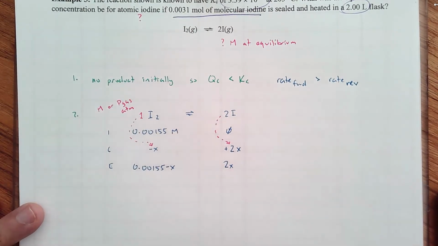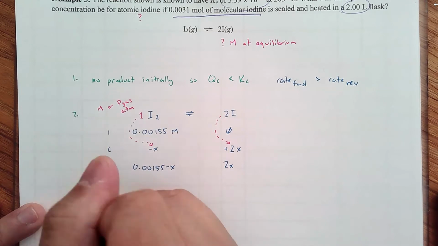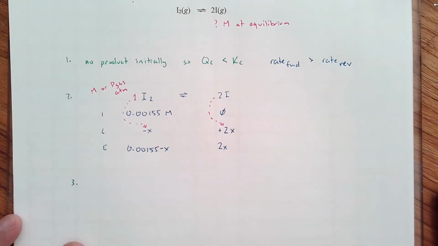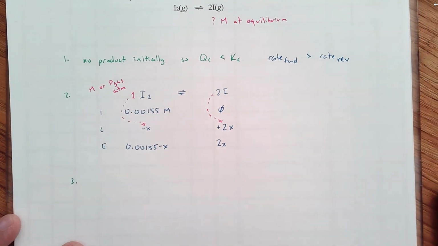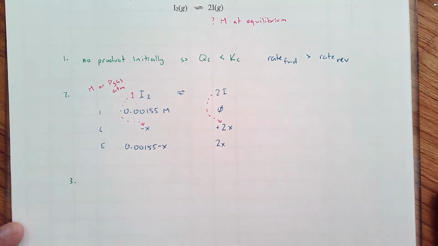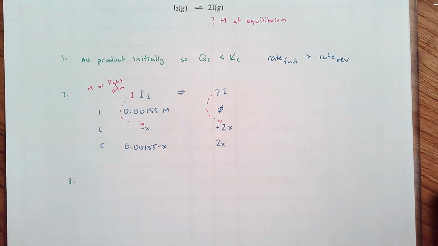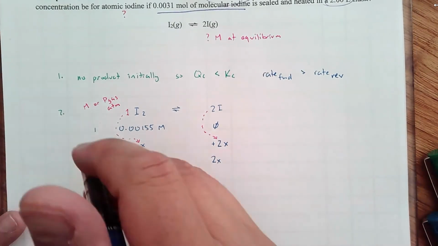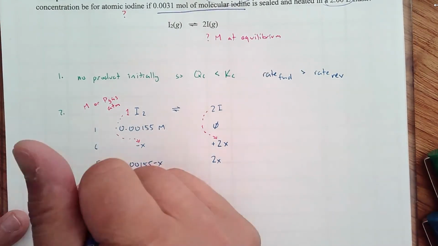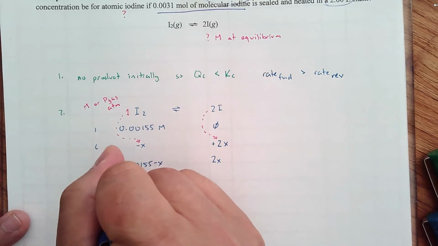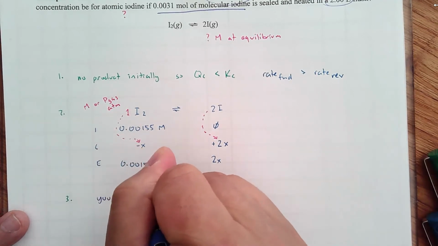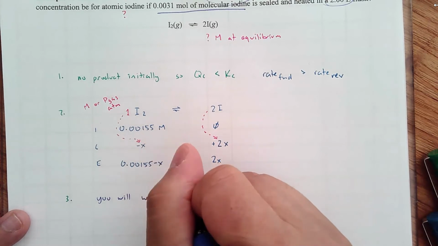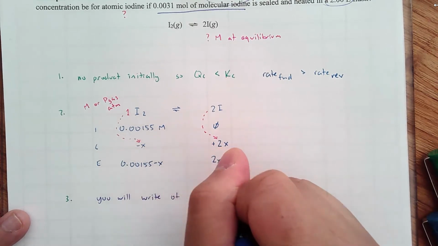Am I doing this whole problem? Why don't I stop there? Let me think if I should stop there. I'm going to stop there, and I'm going to remind you that for number 3, you will write out the Kc expression.